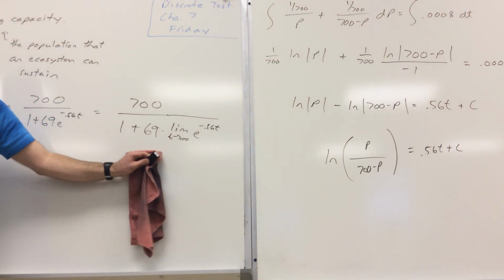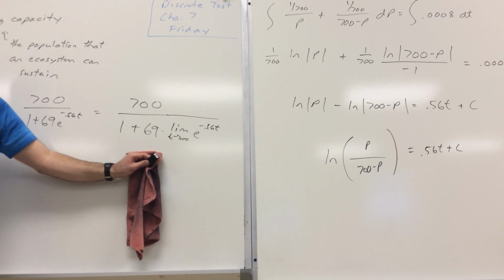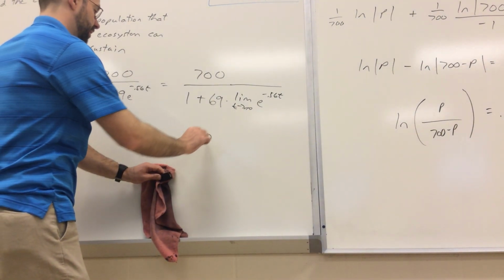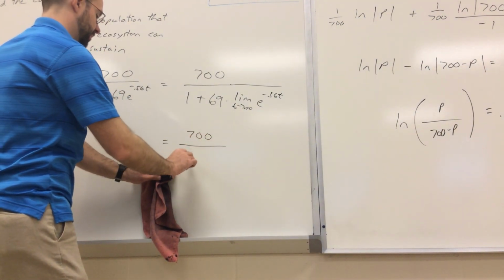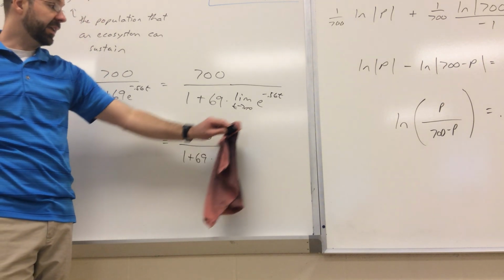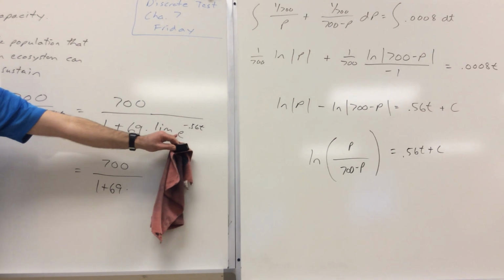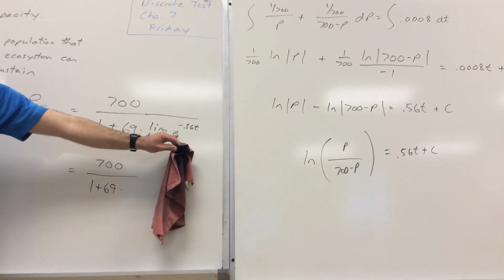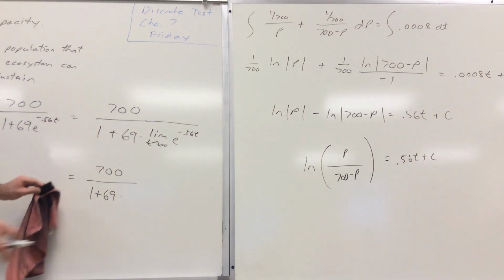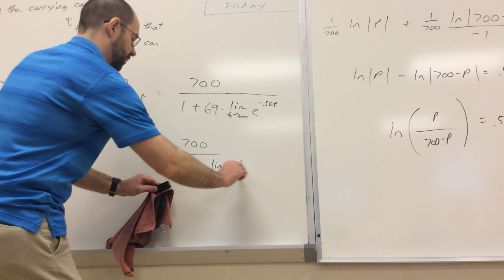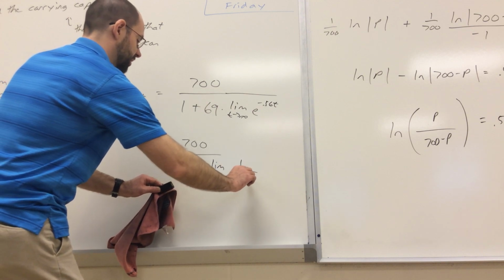So I did a bunch of limit laws to get to this point, right? It's been a long time since we talked about limit laws. Okay, so then that is 700 all over 1 plus 69 times e to the negative 0.56t, which could be written as 1 over e to the 0.56t, right? So we're taking the limit as t goes to infinity of 1 over e to the positive 0.56t.